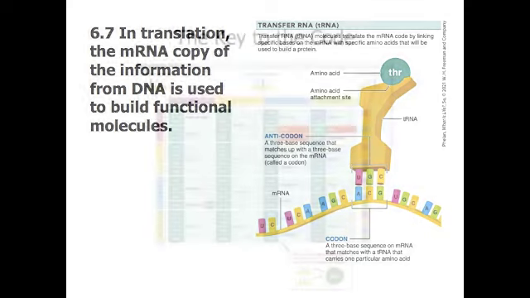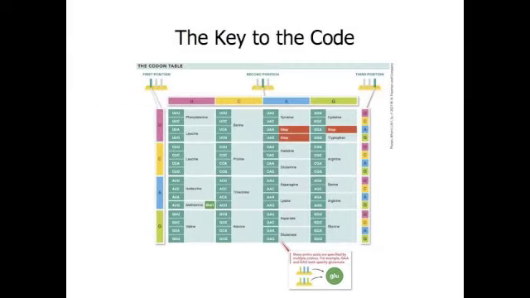Moving on, each 3-base sequence in mRNA, called a codon, matches with a tRNA molecule that carries a particular amino acid. The codon ACG, for example, is recognized by the tRNA molecule that carries the amino acid threonine. Similarly, the codon CAG is recognized by the tRNA molecule that carries glutamine.